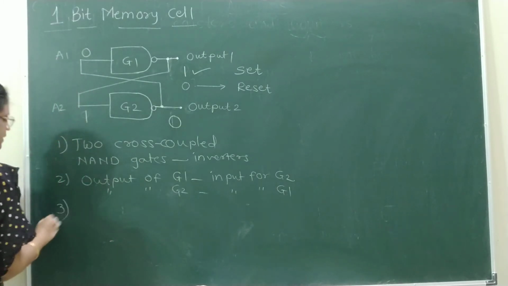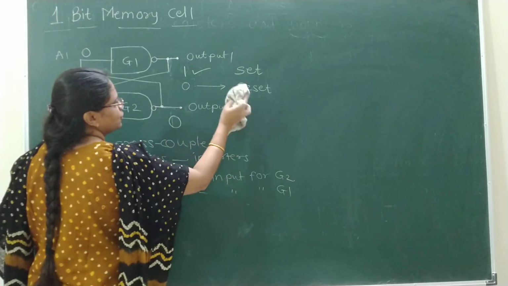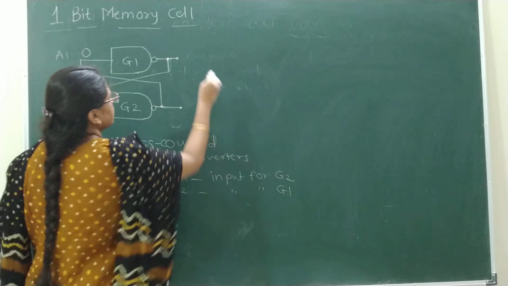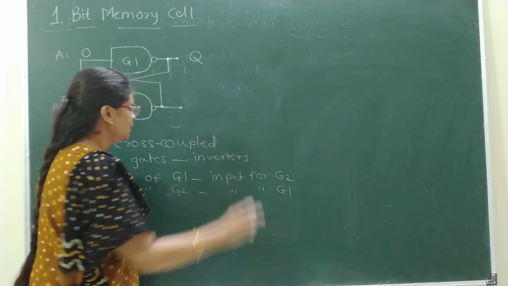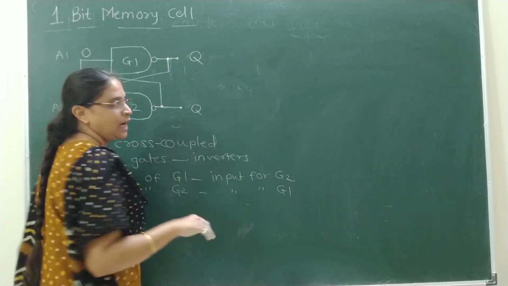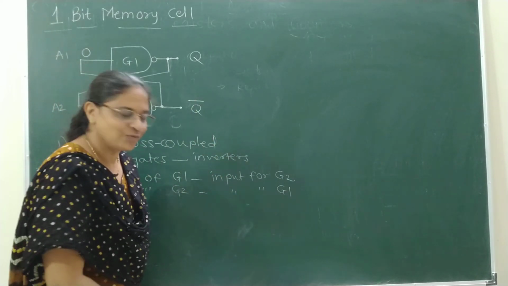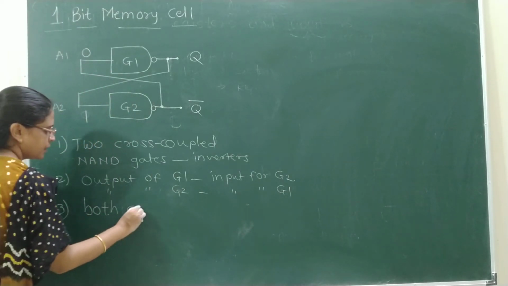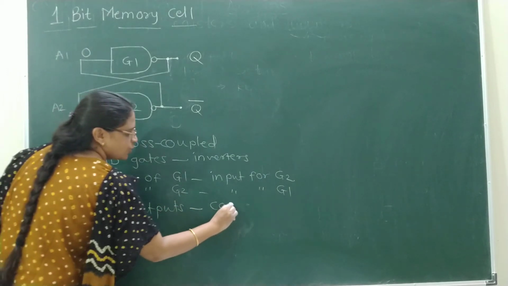Next point, whenever output 1 is 1, output 2 is 0. Suppose the upper output is labeled as letter Q, then the lower output will be the opposite state, that is Q bar, complement of Q. So both outputs are always complements of each other.